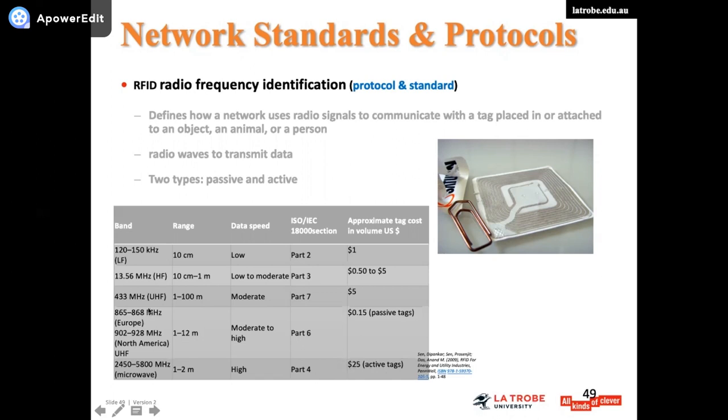In this RFID, the good thing is that it's passive RFID, so it doesn't require a battery, and it can provide moderate, good data rates, and the range can go from 1 meter to 12 meters. But for 12 meters, it definitely needs active RFID because passive tags never go to 12 meters. So that is something about the RFID protocol.